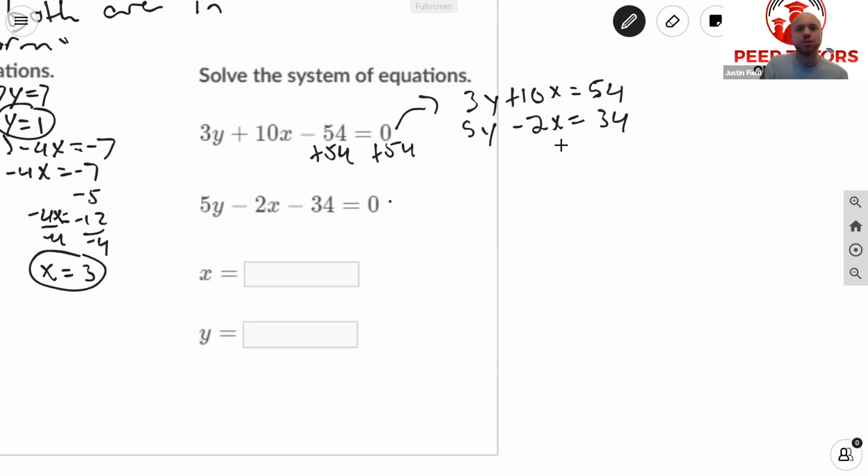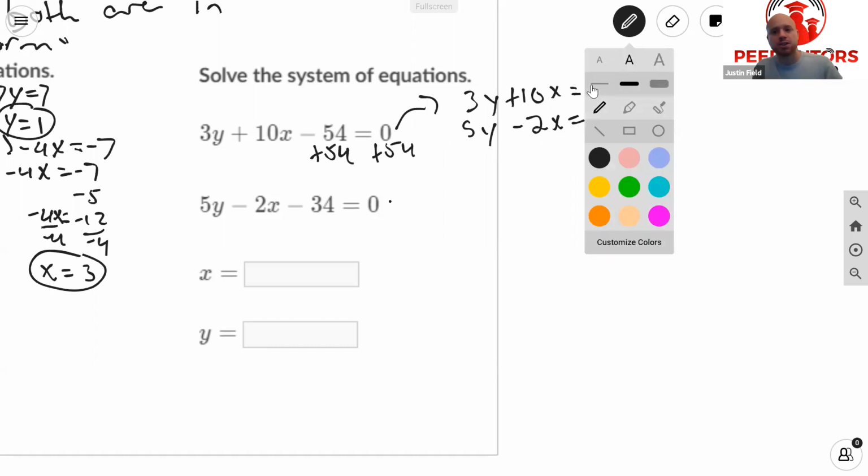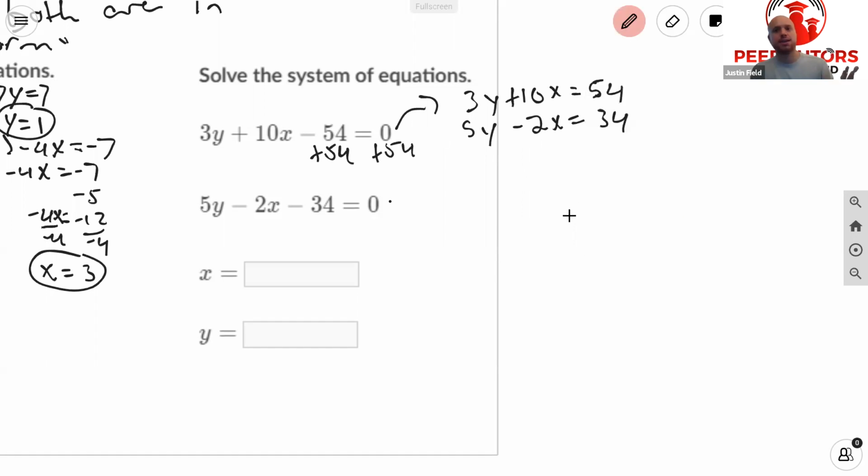So what we can do is pretend like least common multiples, common denominators. You have to think like that, okay? Think about your common denominators. I could do the x's, which would be easier, but I'm going to do the y's to prove my point. So what is the common denominator of 3 and 5? It's 15. The least common multiple is really what it is.